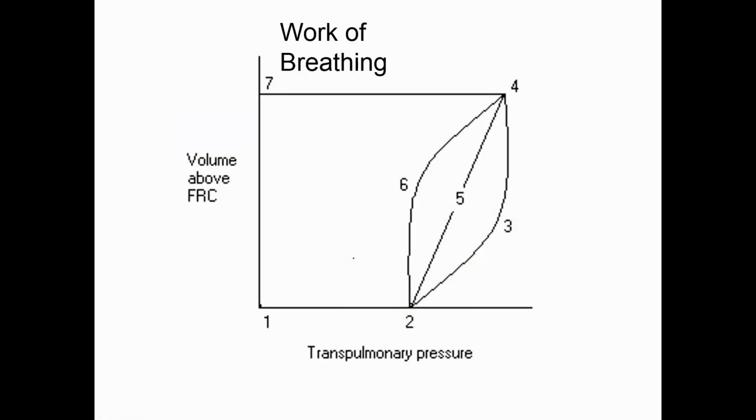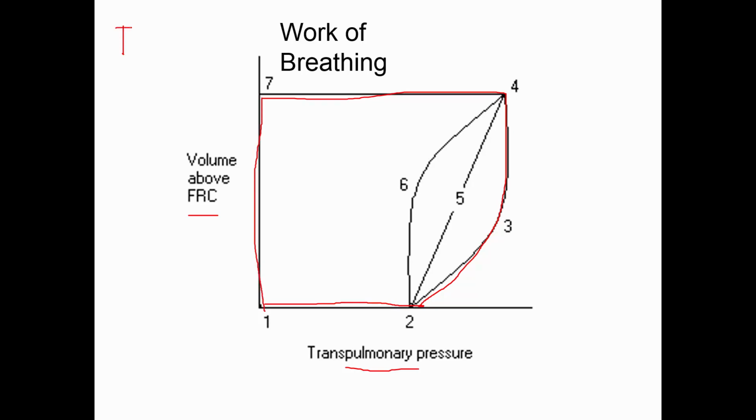All right. So here's a little simpler diagram, and I have some area in here, but the area here is bigger than in the other diagram, so just bear with me. We can do a pressure volume curve, so transpulmonary pressure, volume above FRC, from 1 to 2 to 3 to 4 to 7 back to 1.